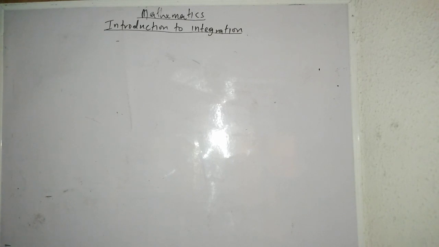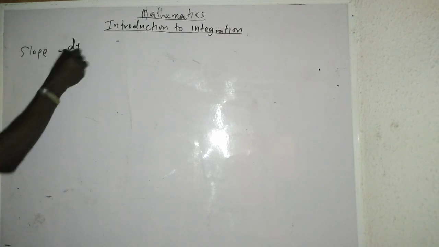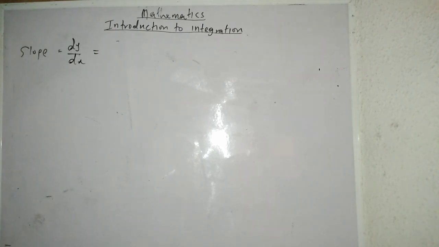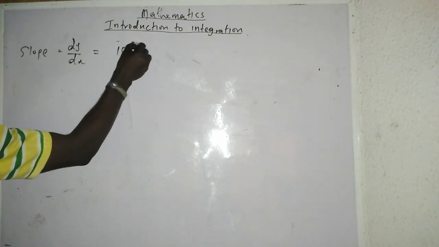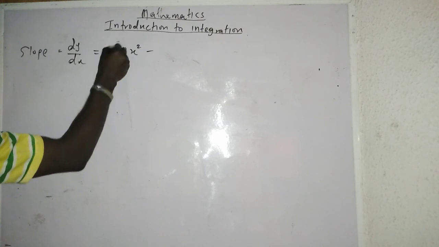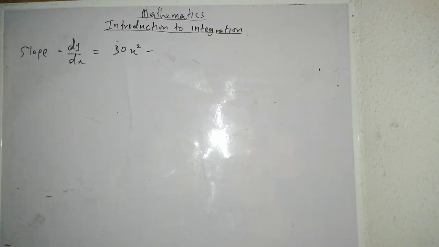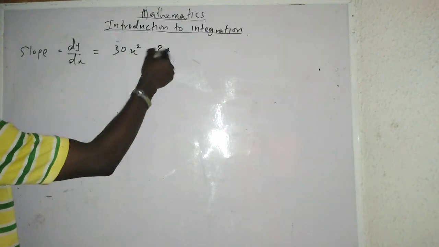The first one is my slope. My slope or my gradient is equal to changing y over changing x. Okay, let me give an equation which is equal to 30x squared minus 3x.